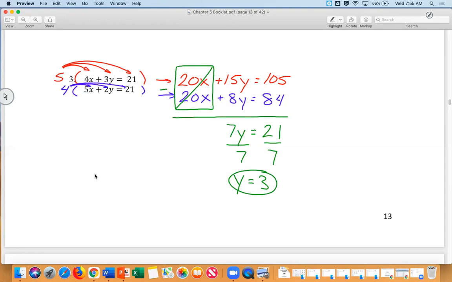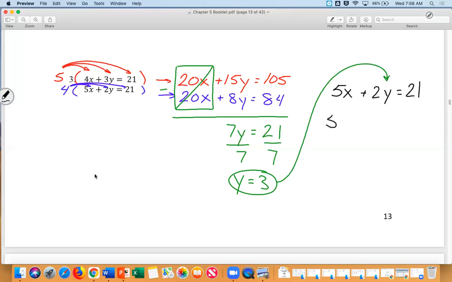I'm going to pick the bottom original equation, 5x plus 2y equaling 21. Here's why. In this one, I find it easy to divide by 5s. And I also notice that 2 in front of the y is small and all positive. I like dealing with smaller numbers, not necessarily bigger numbers. So I'm going to draw my arrow to the y.